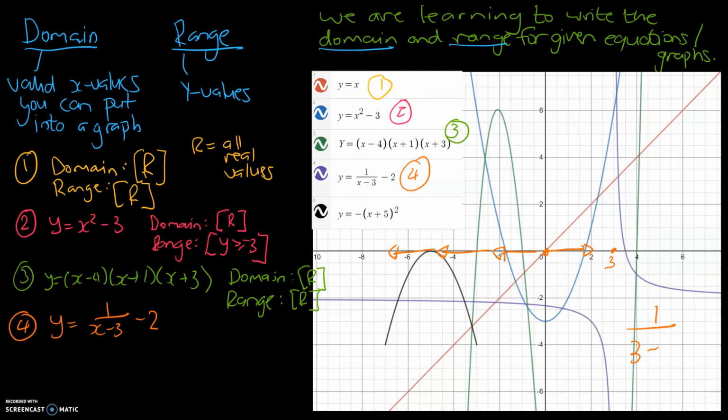So at that point, that graph would have no value at x, and if we pass that, our graph reappears and we would expect it at every other point. So that means for our domain, that would be all real values except x cannot equal 3. So that's slightly new. It's all real values except for that one exception of the asymptote.